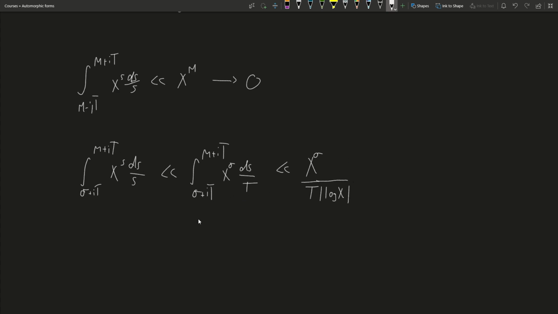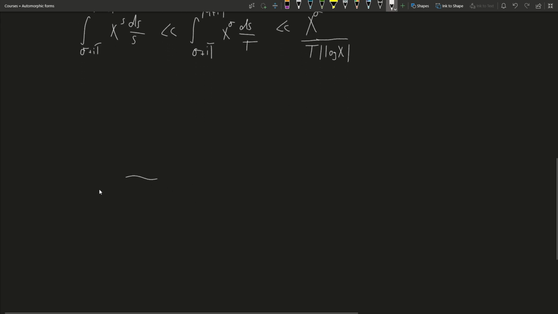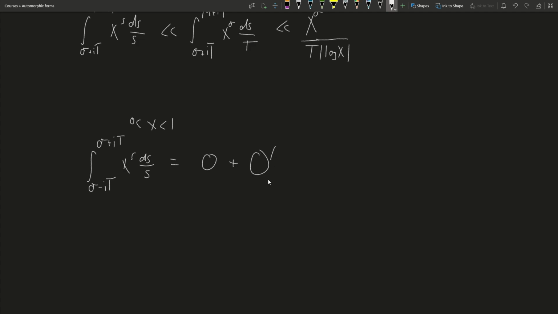So what we get for all of this is that the integral from sigma minus it to sigma plus it, in the case where x is a positive real number between 0 and 1, of x to the s ds over s is equal to 0, because that's the sum of the residues, plus big O of x to the sigma over t log x.